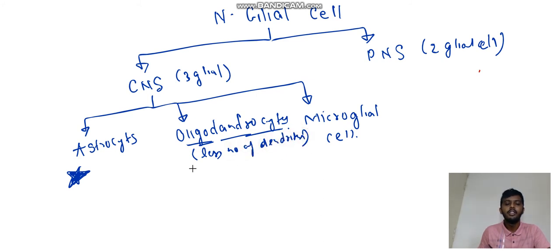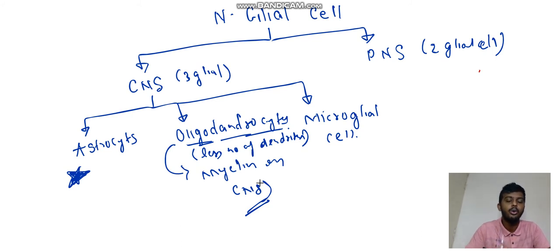These help in the formation of myelin in the central nervous system. As I have already told, in the central nervous system the myelin sheath is formed with the help of oligodendrocytes. And the microglial cell is also very important in the central nervous system.